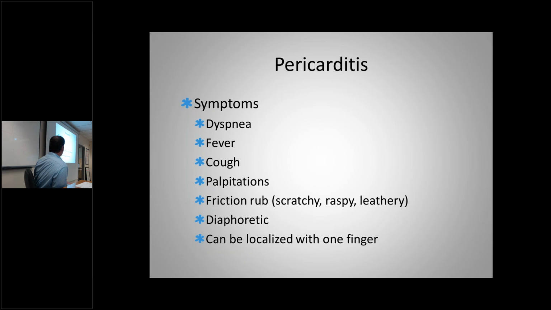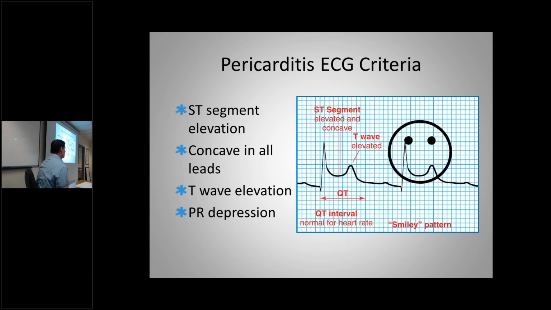Some of those can present exactly the same. Fever would be one of the areas, and cough, but just because someone has a fever, that doesn't mean it's an MI. So where I wanted to get to is, looking through these, they can present as a lot of different things as an MI. It goes a little bit differently than a cardiac tamponade, but pericarditis can present basically as an MI, right? And that's why it's one of our MI foolers.